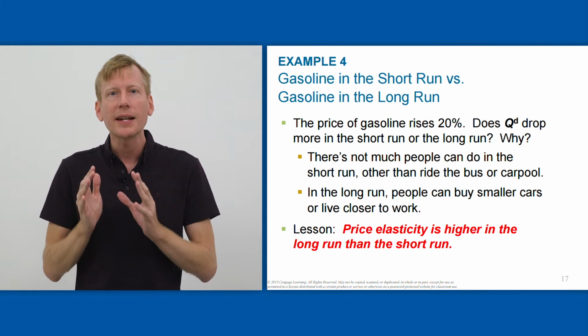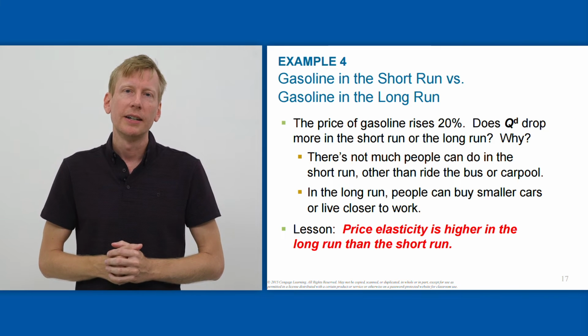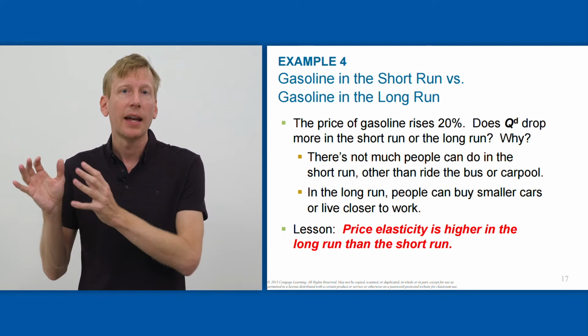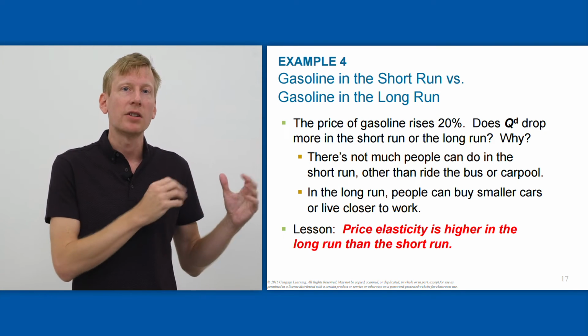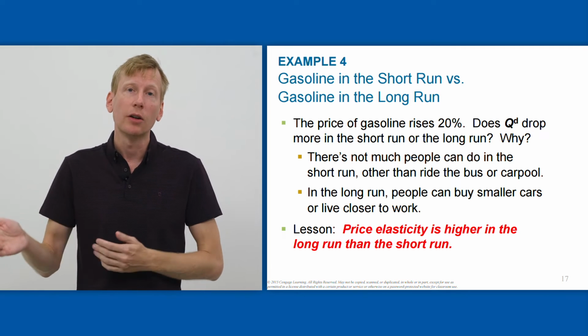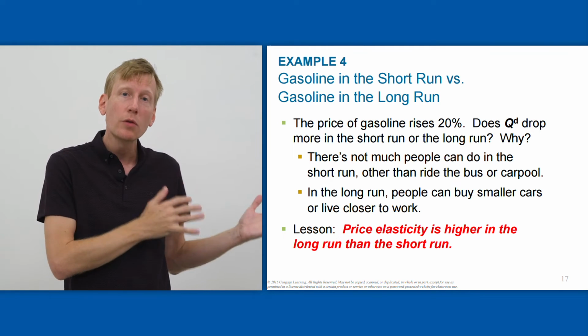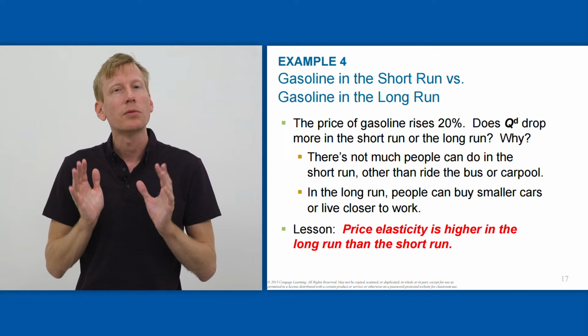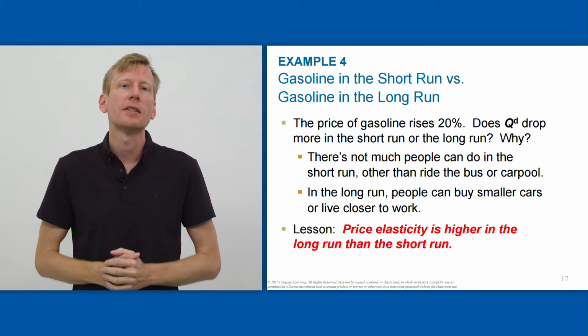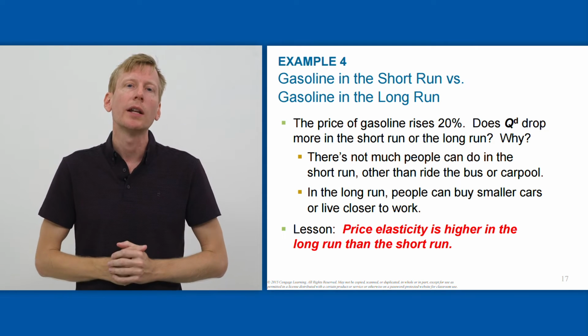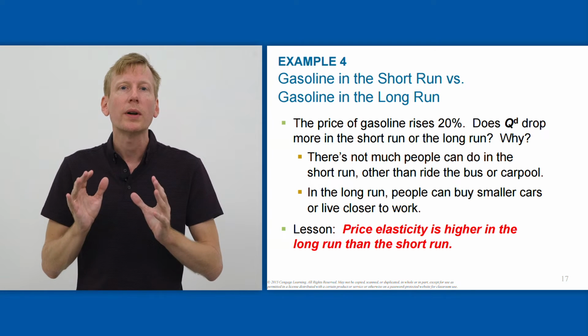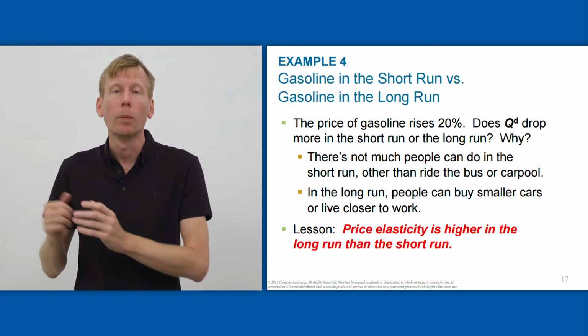And in the short run, that's not very easy to do. They have the car that they have, the apartment that they have, the job that they have, and the way for them to get to work is to drive the car that they have from the apartment that they have to the job that they have. As a result, their responsiveness in the short term tends to be quite low. So the own price elasticity of demand is low.